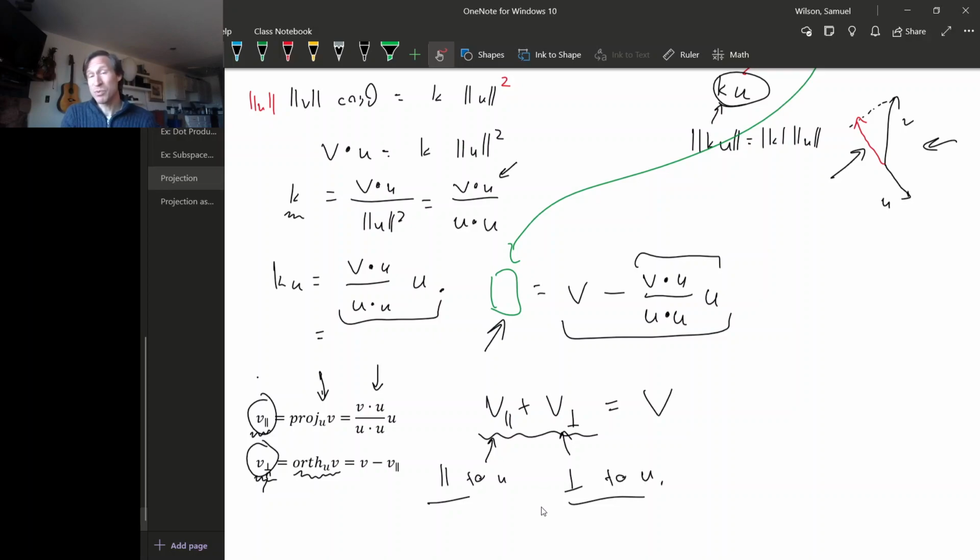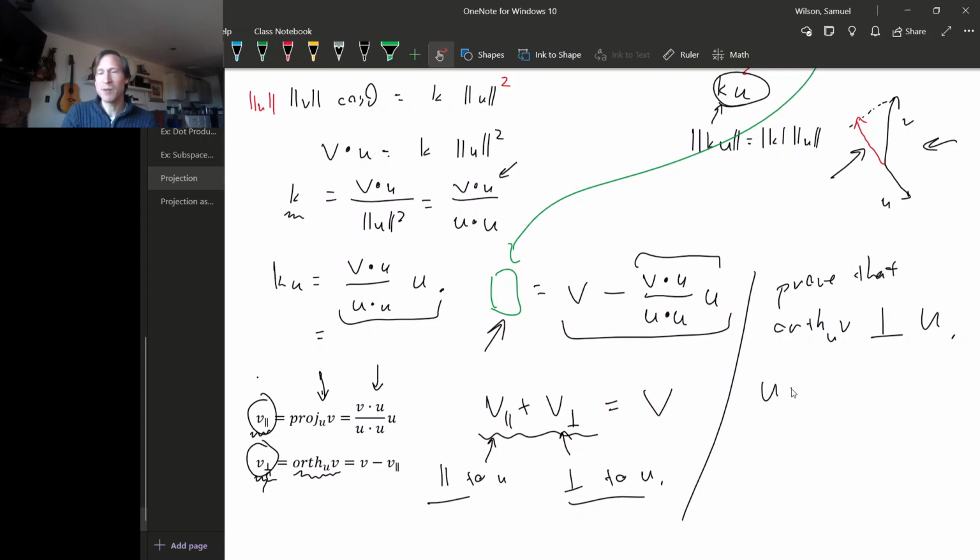Something that's worth proving, it's sort of a nice exercise in the dot product, is proving that orth u v is perpendicular to u, right? It's supposed to be, so we could check. Well, to prove this, you can just check that the dot product of these two is 0.